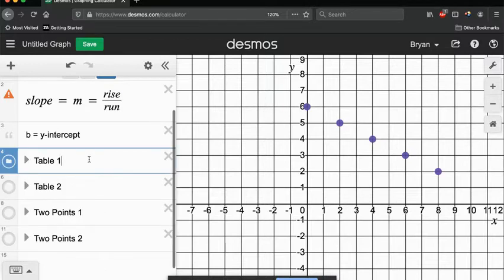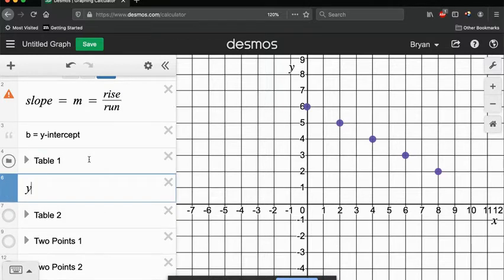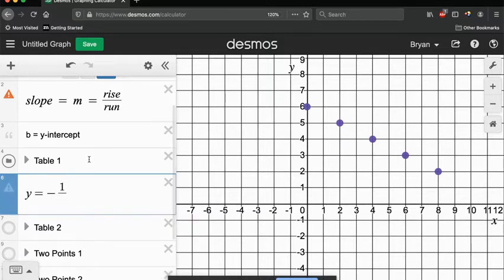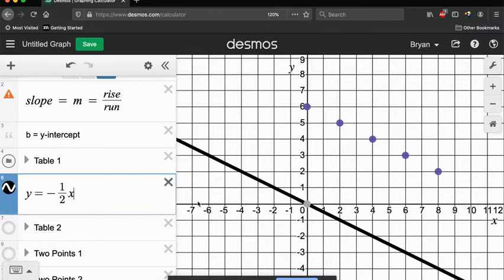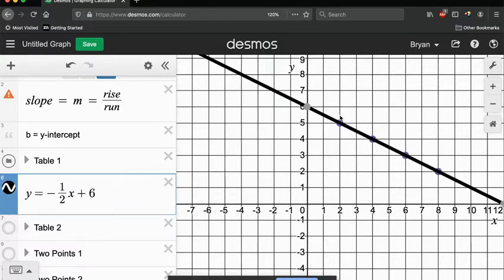And so if I think about the equation here, and I type y equals -1 slash 2, there's my fraction, x. Notice how I now have an angled line, and it seems to match the angle of these points. The only difference is it's going through the center here and not through up here. So if I throw in a +6, there I have it.